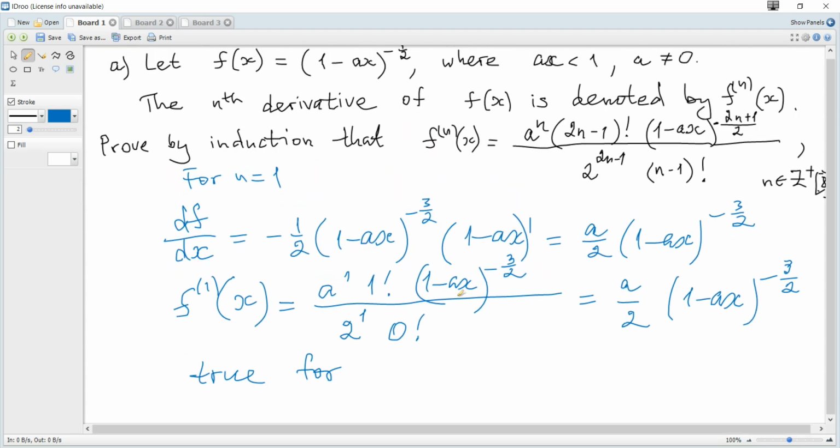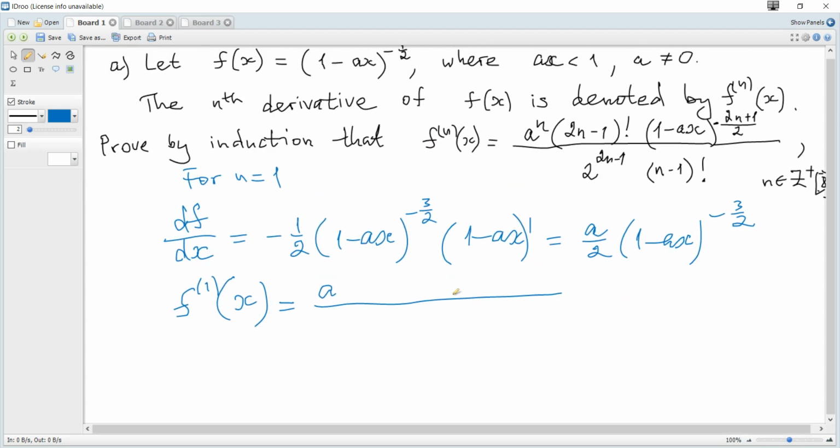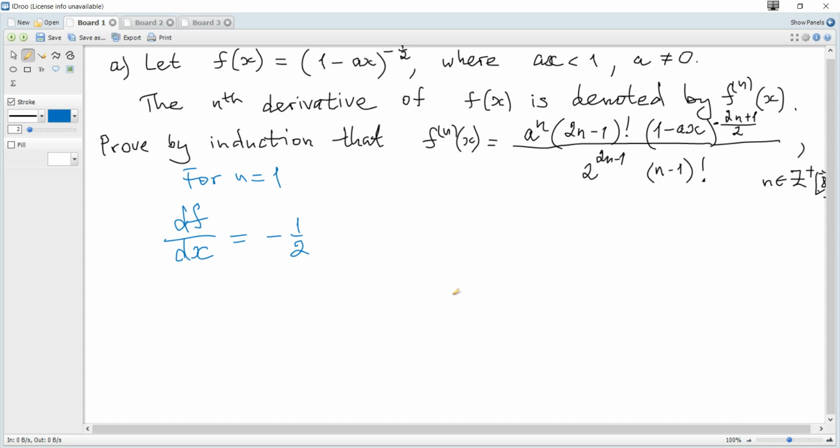The next step is, as usual, we write assume true for n is k, and just rewrite the given statement substituting k for n.